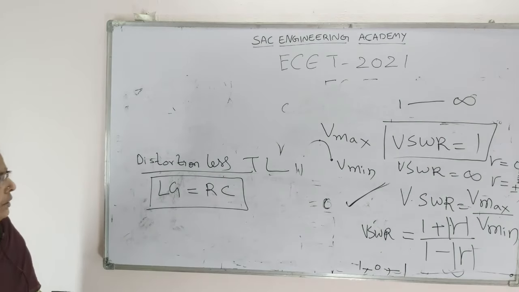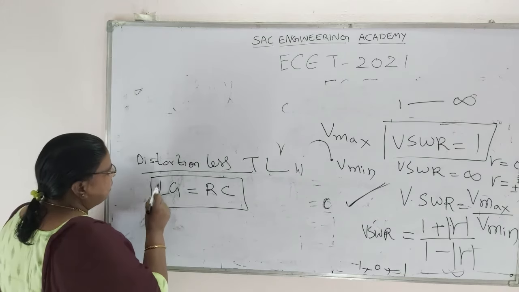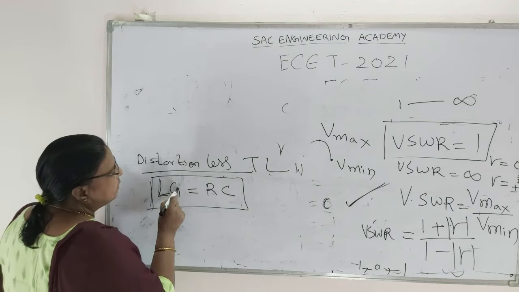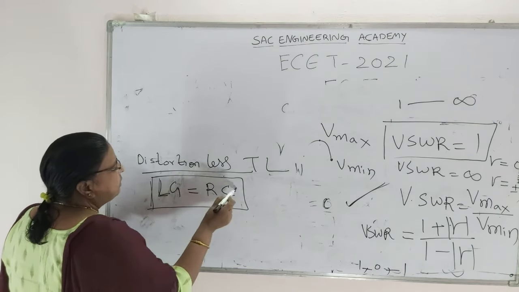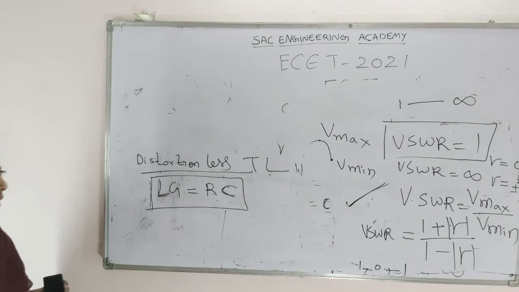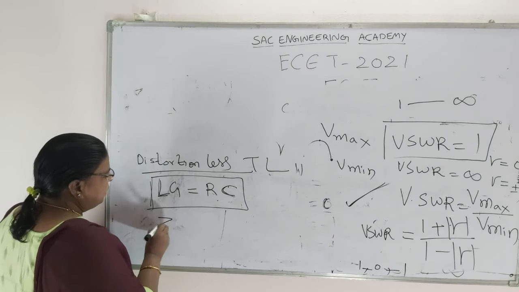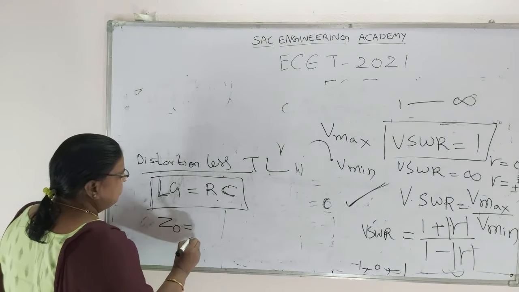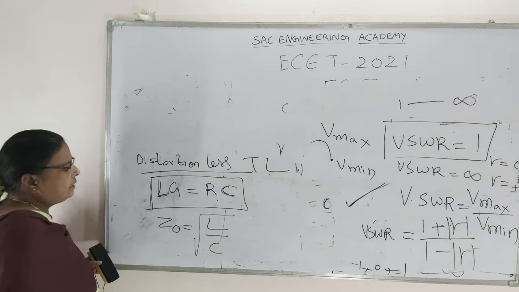There will be no distortion in the transmission if you follow this condition. The product of inductance and conductance should equal the product of resistance and capacitance. Then the characteristic impedance is root of L by C.